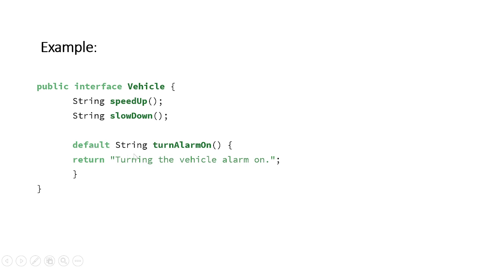If we implement this Vehicle interface, we have to override the speedUp and slowDown methods. But the turnAlarmOn method is not required to be overridden; it is available automatically.